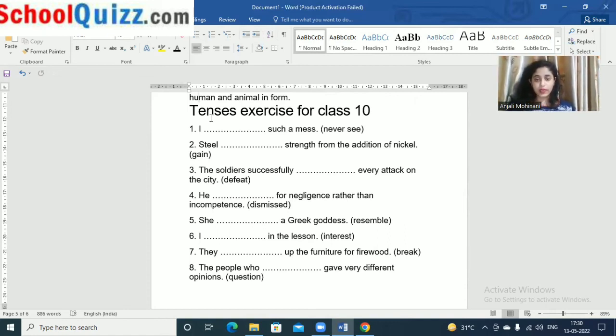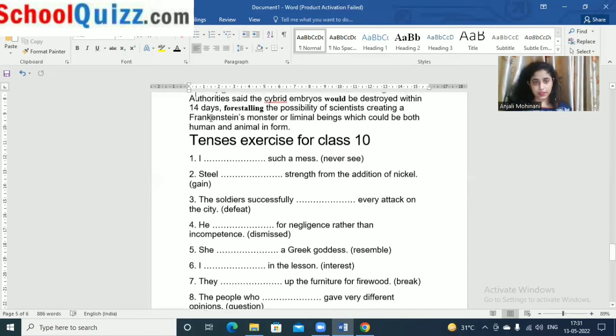So I hope you are writing it down. See, we have completed 3 tenses exercises. 2 more exercises are remaining. If you want, I can share the link. You can solve it by yourself. Both are similar. You have to solve the paragraph, like the one we have done previously.